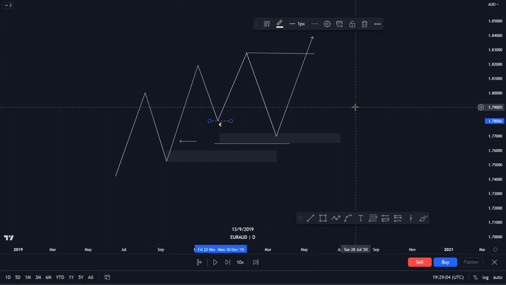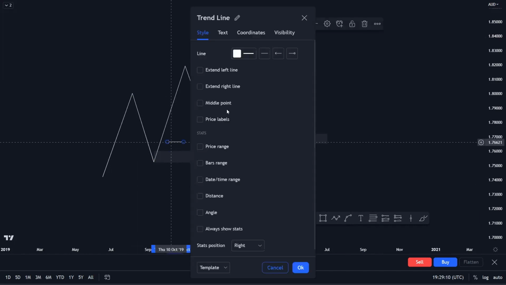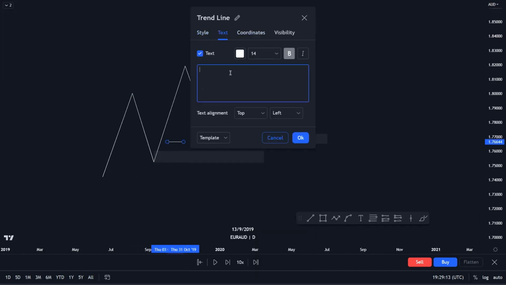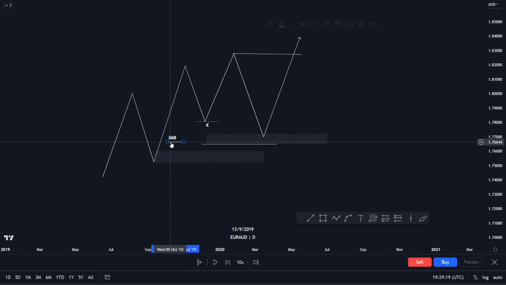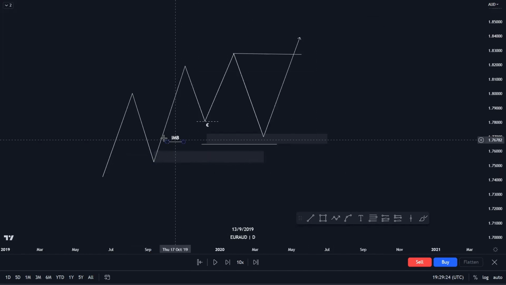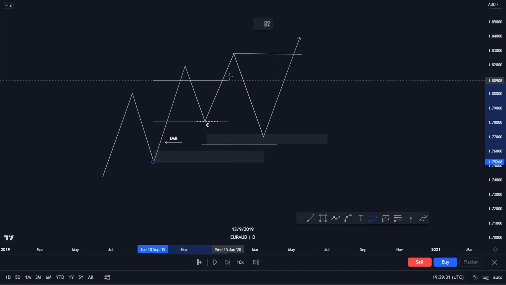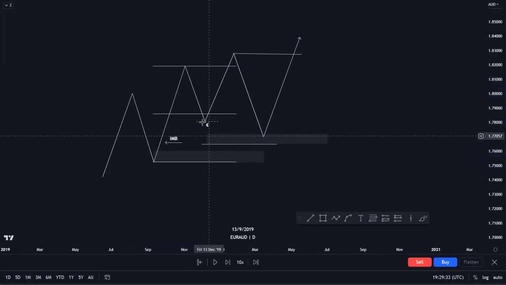And why is this low liquidity? It's because there is imbalance below it that needs to be filled. There is imbalance below this low that needs to be filled, and you find that price just turned just below your equilibrium area.